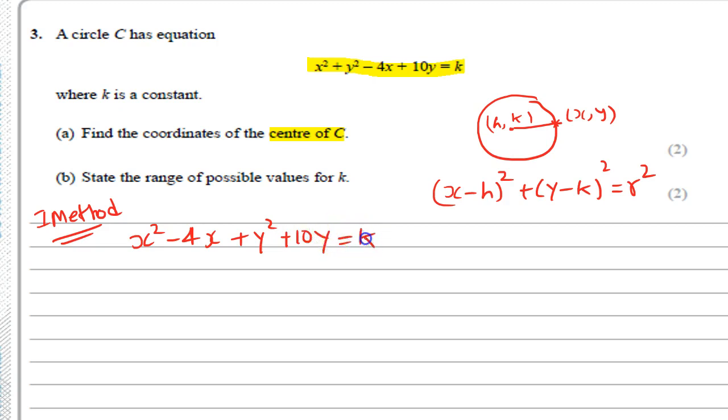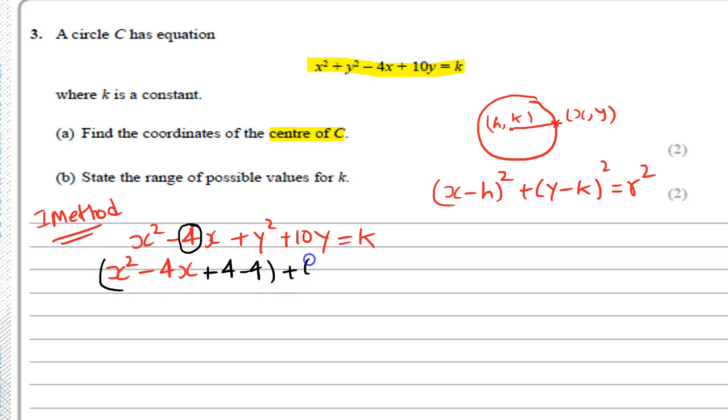First we are using the completing the square method. So we write down x square minus 4x. Whatever is the number with x, we divide it by 2. So we got 2, 4 divided by 2 is 2. Add and take away. So this is your first thing.